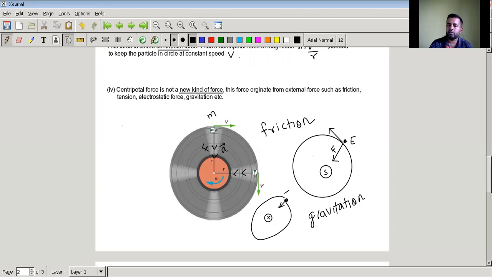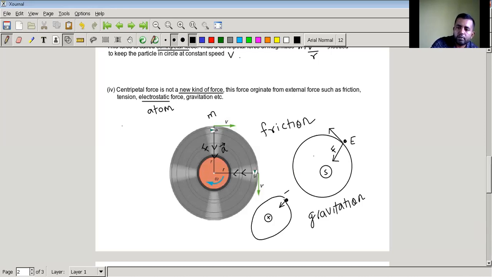So in the case of an atom and its orbits, the centripetal force will be provided by electrostatic force. So in this case friction is providing the centripetal force, in this case gravitation is providing the centripetal force, in this case electrostatic force is providing the centripetal force.